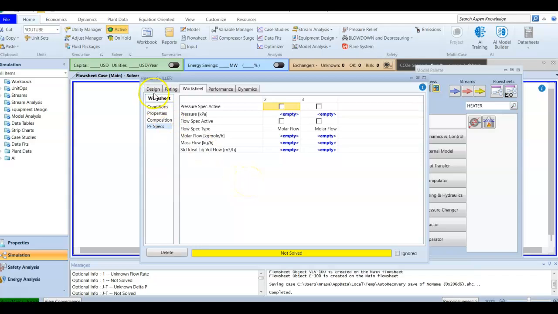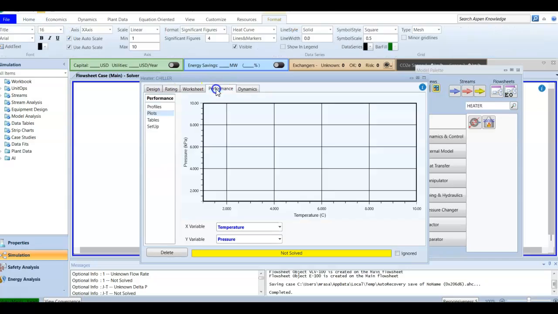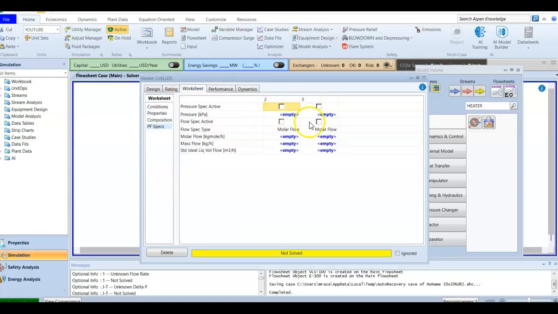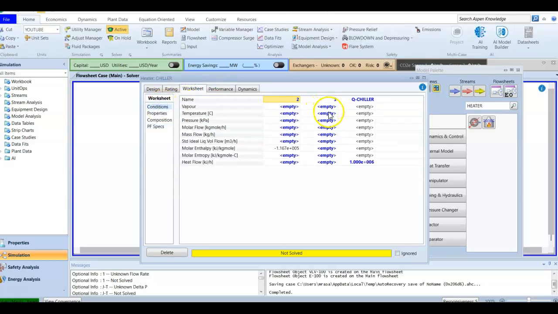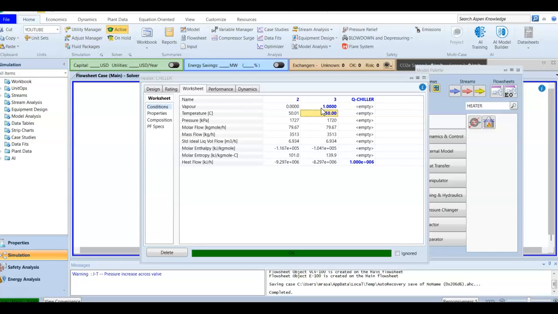In the worksheet, stream number 3, conditions, we know that the temperature should be increasing over here. Like this one, we can add a temperature of 50. And also we know that this stream is 100% vapor. Okay, so this one will be equal to 1.